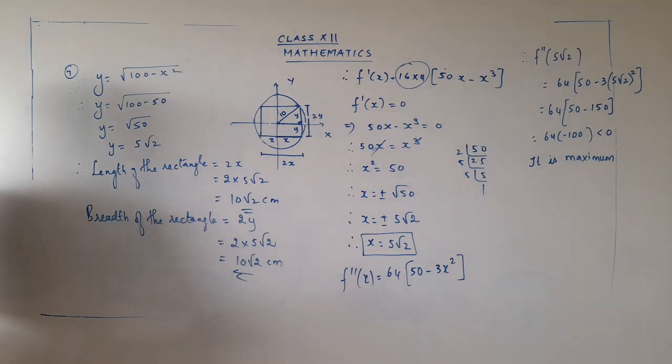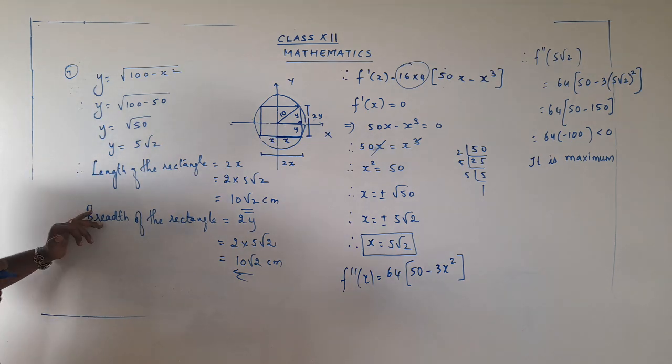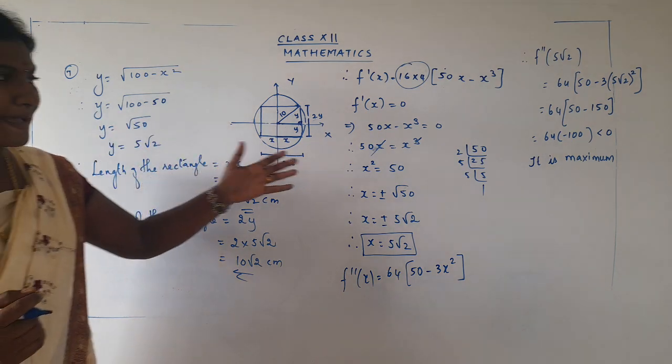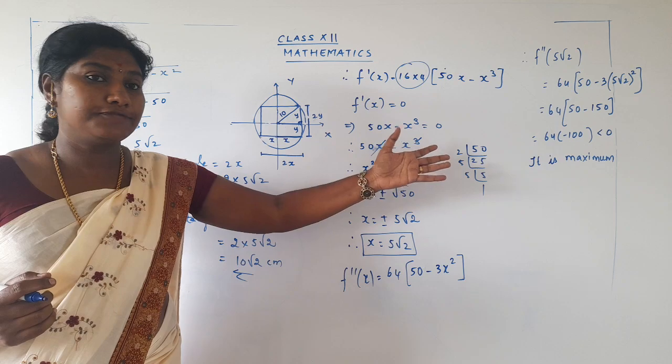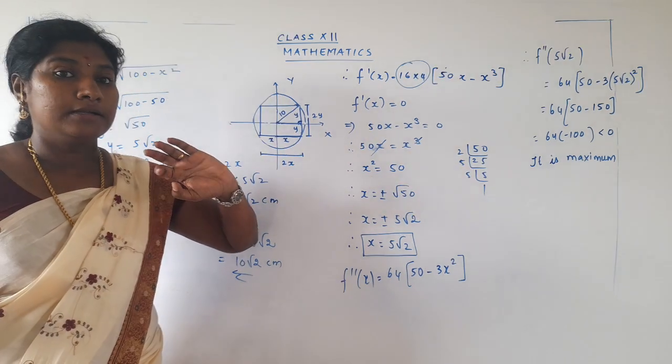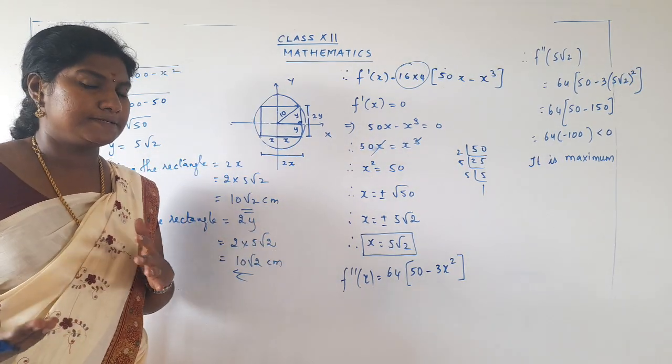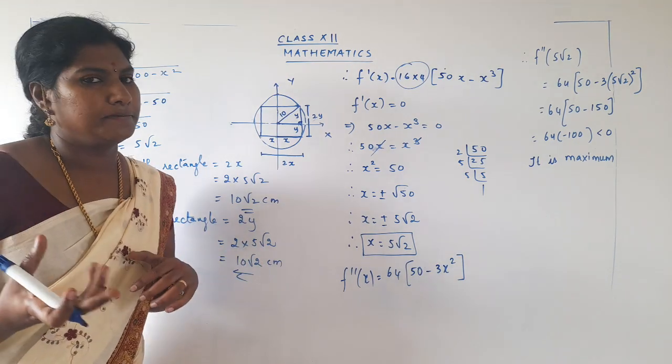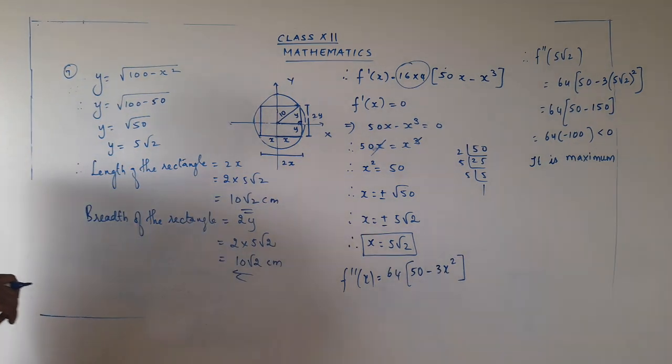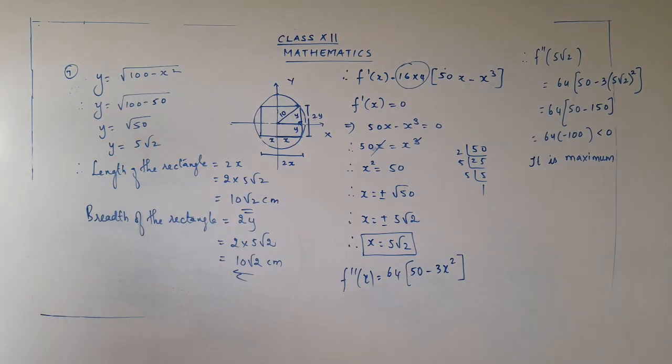They have asked you the dimension. Dimension means to find the length and the breadth. So we have shown that it is maximum also because we have found the answer for f double dash x is negative. If it is negative, it is maximum. If it is positive, it is minimum. So we have completed our sum number 7. Complete your answers. Try to do the steps by yourself.